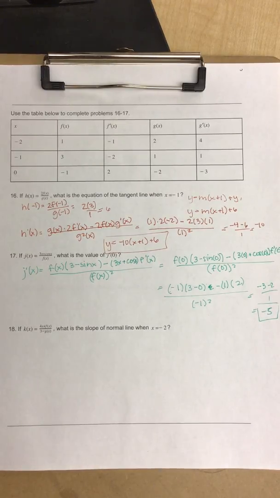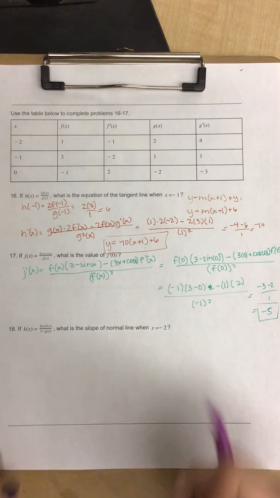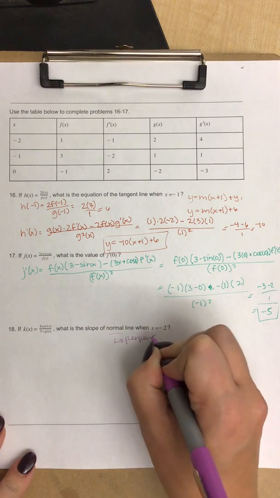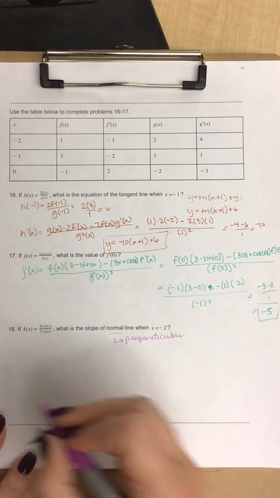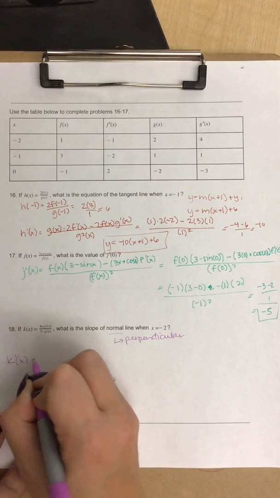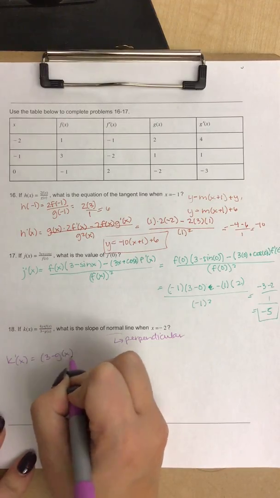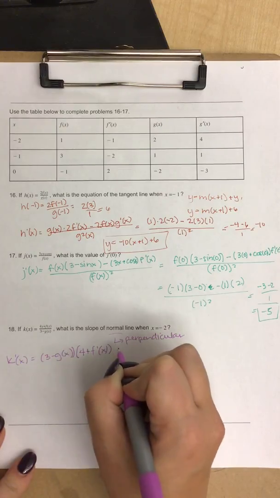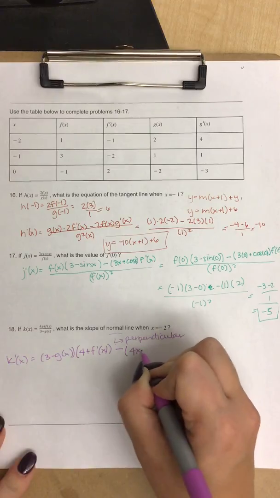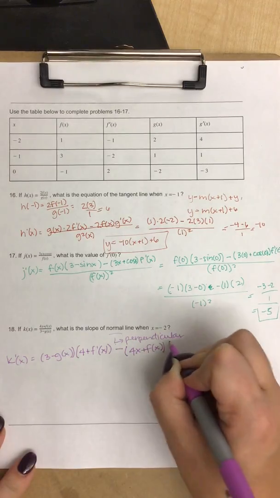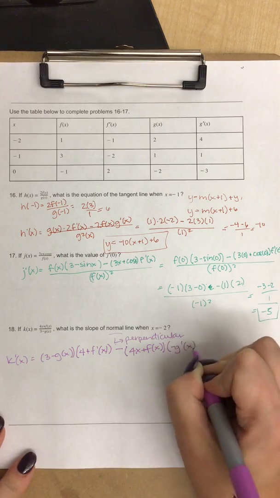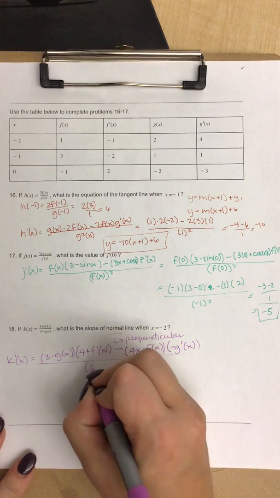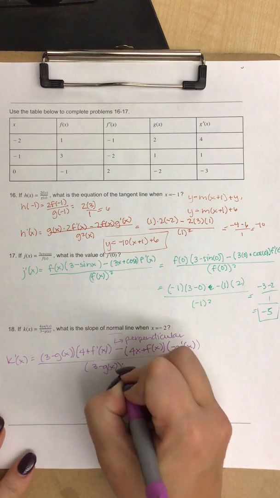All right, and now we've got one more, and we want the slope of a normal line. Remember, normal means perpendicular. Quotient rule again. K prime is low d high minus high d low. Okay, the derivative of 3 is 0, but there's still that negative out there. All over the bottom squared.